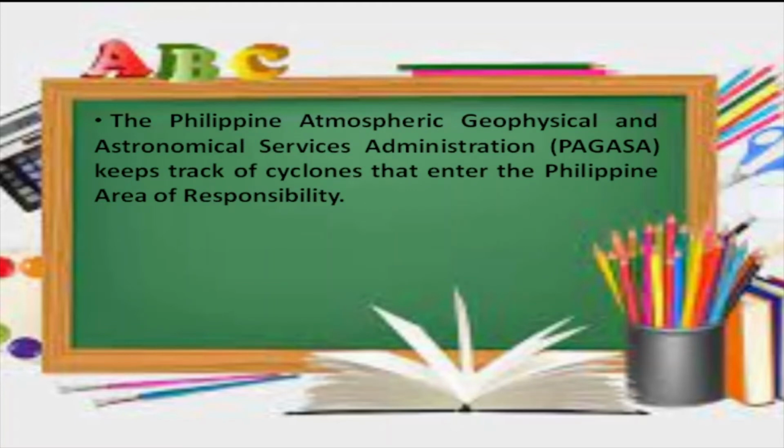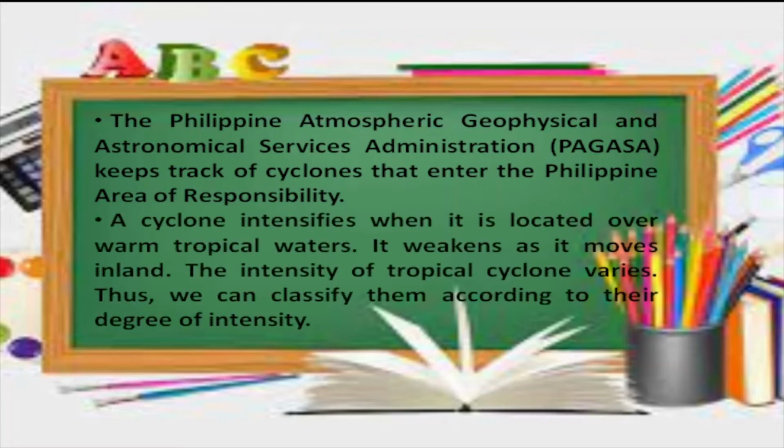The Philippine Atmospheric, Geophysical and Astronomical Services Administration keeps track of cyclones that enter the Philippine area of responsibility. A cyclone intensifies when it is located over warm tropical waters. It weakens as it moves inland.